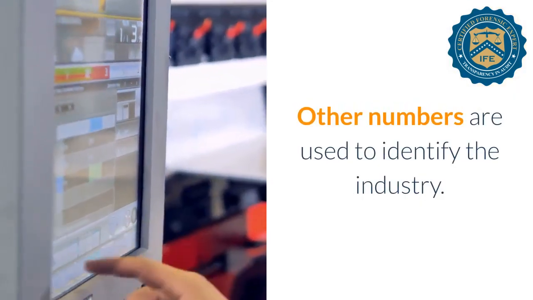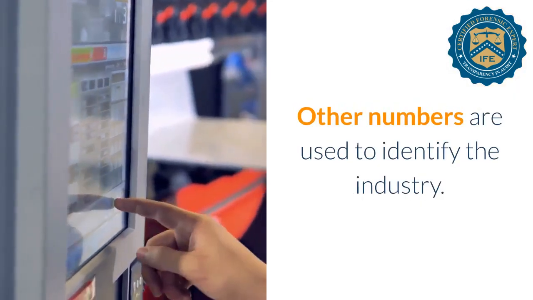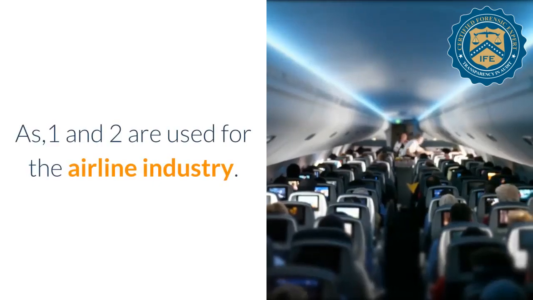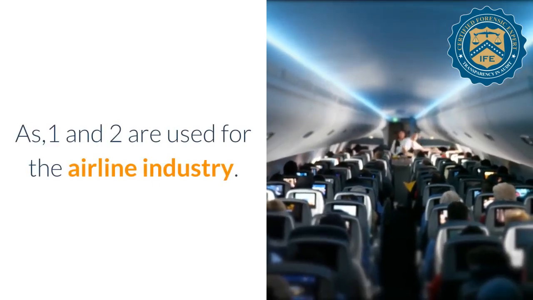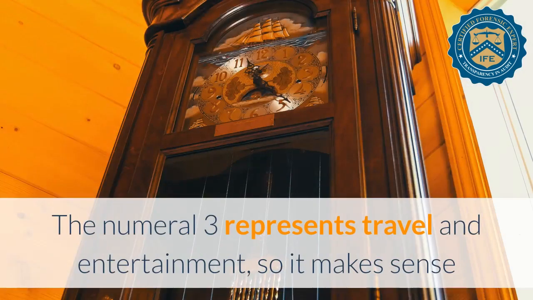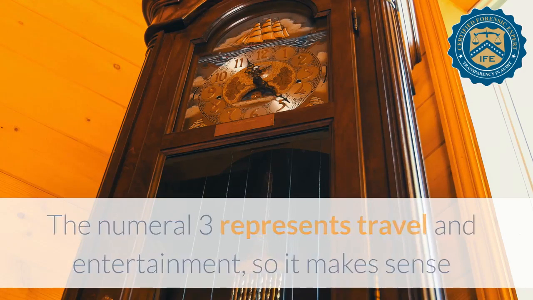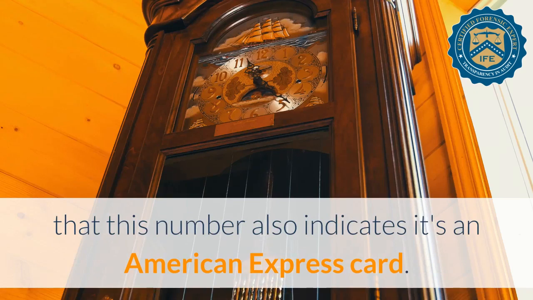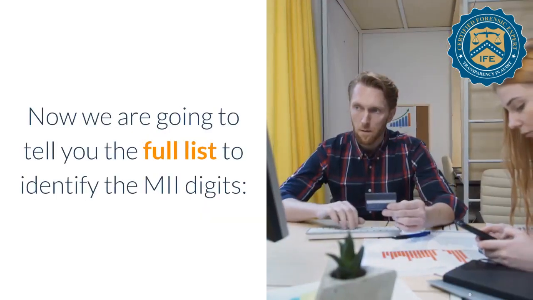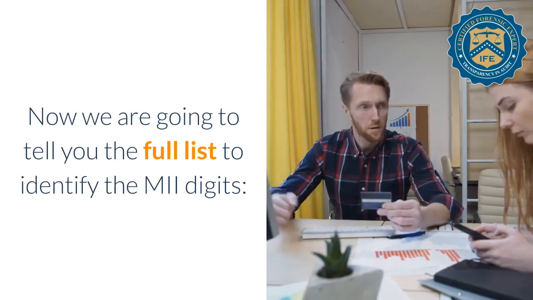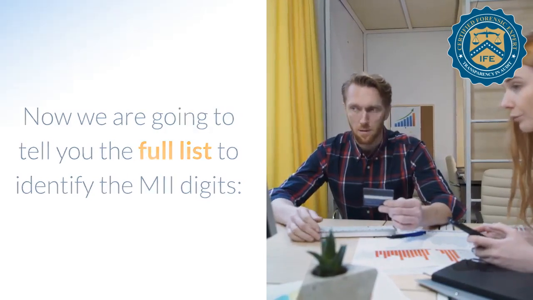Other numbers are used to identify the industry, as 1 and 2 are used for the airline industry. The numeral 3 represents travel and entertainment, so it makes sense that this number also indicates it's an American Express card. Now we are going to tell you the full list of MII digits.